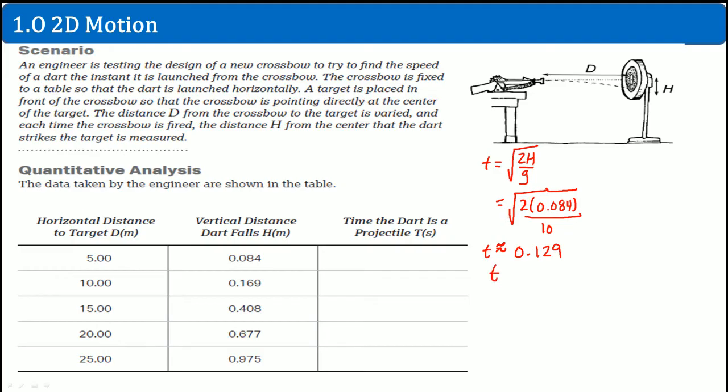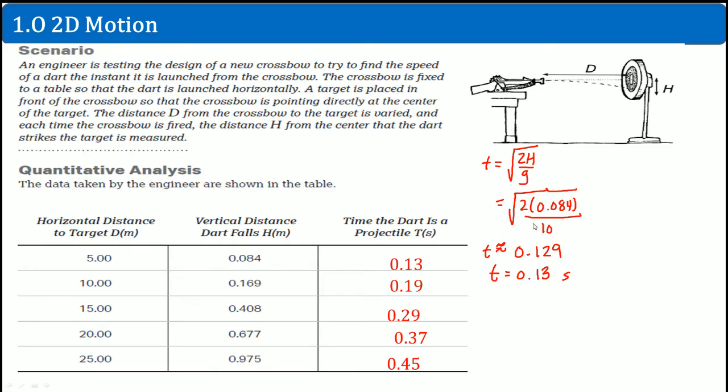So I'm going to round to 0.13 seconds. Okay, does that work? Yep. Okay, so again, repeat this process. Pause the video if you would like to do that. But here it is. All right, this is simple. This is very simple to calculate if you remember this.